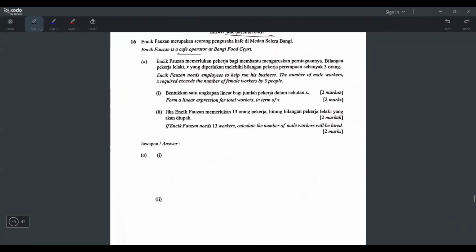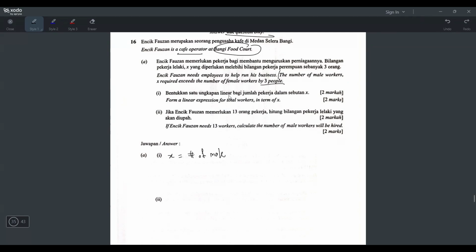Encik Fauzan is a cafe operator at Bangi Food Court. This is not important. There's no information. Soalan A, Encik Fauzan needs employees to help run his business. This is not important. Number of male workers X requires exceeds the number of female workers by 3. This is important. So they use X to represent number of male workers. And now it says it has to exceed the number of female workers by 3.